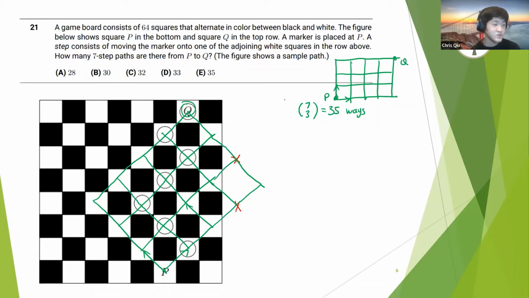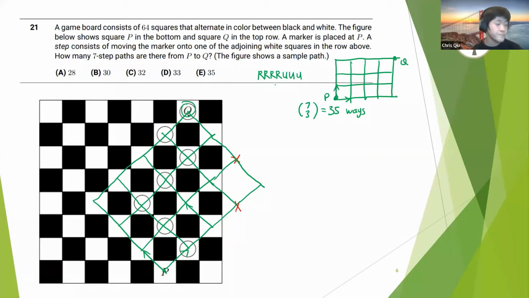So this is why we have 7 choose 3, because this is exactly the number of ways to order 4 R's and 3 U's. R's are for right and U is for up.